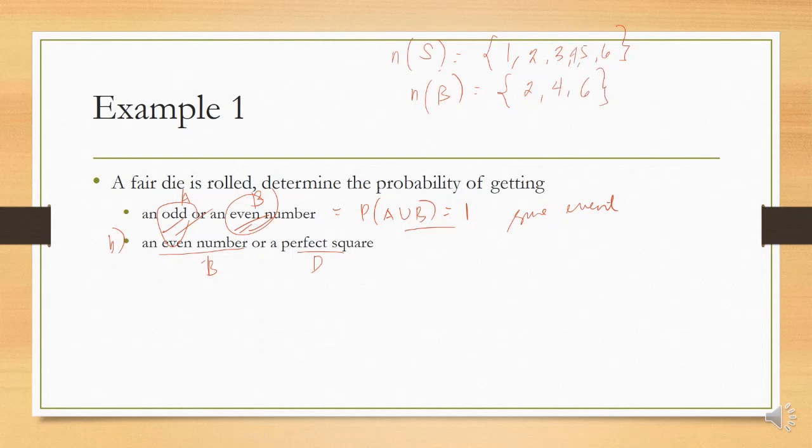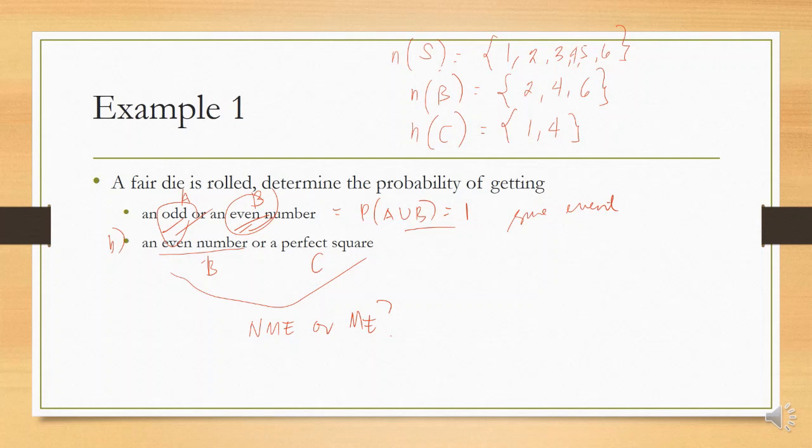And then for event C, all the perfect squares are 1 and 4. So, 1 and 4. Perfect squares.